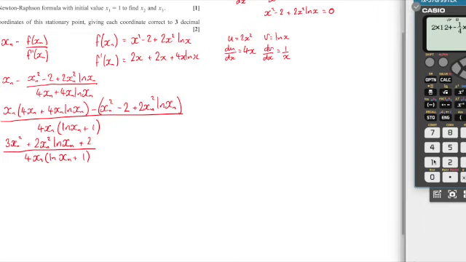So that's where we're going to go. 1 equals, and then we're going to have fraction line 3 times answer squared plus 2 answer squared ln answer plus 2 over 4 answer brackets ln answer plus 1.